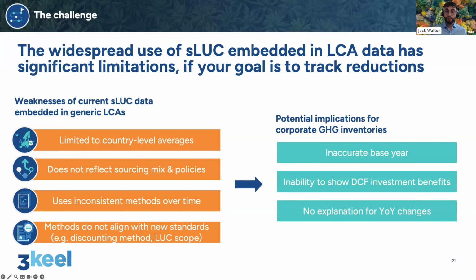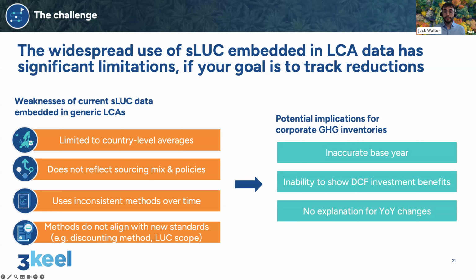And so this has some potential implications for your corporate greenhouse gas inventory and accounting. Firstly, because the assumed land use change emission factor doesn't reflect your supplier's sourcing, it means your base year is often inaccurate.